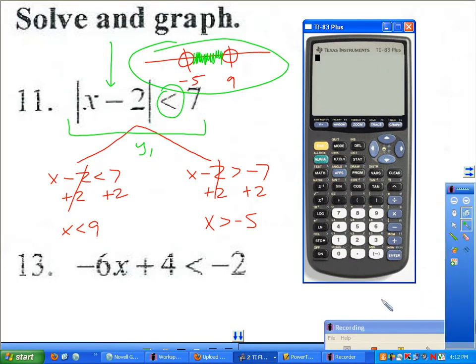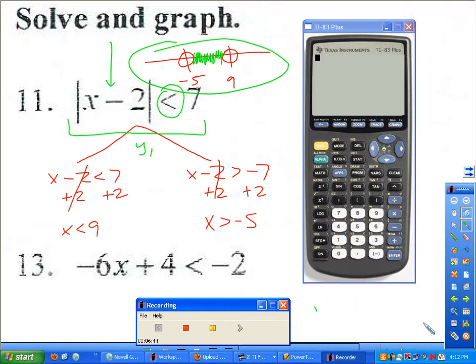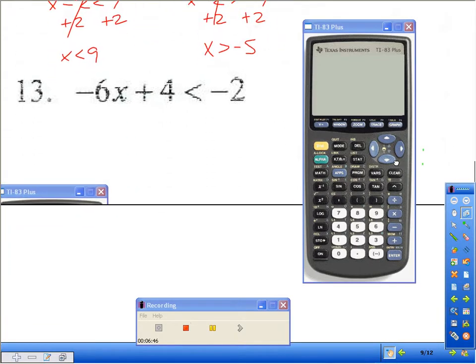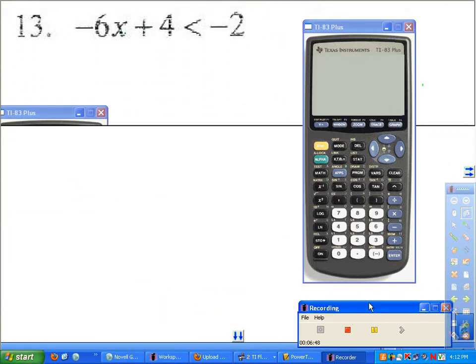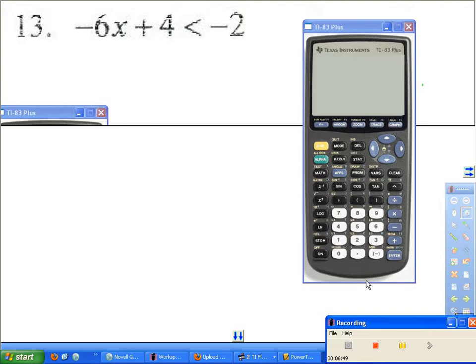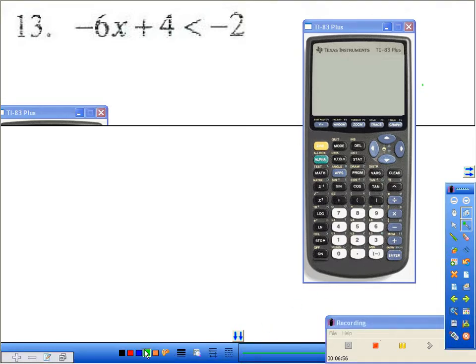If we look at number 13, we need to solve that inequality, and this is not an absolute value inequality, which means that we're not going to need to set up two inequalities. We can solve this just as we would solve an equation, just remembering that if we divide by a negative number at any point on both sides of the inequality, we need to flip the inequality symbol. So our first step would be to subtract 4 from the left and the right so that the 4's cancel.